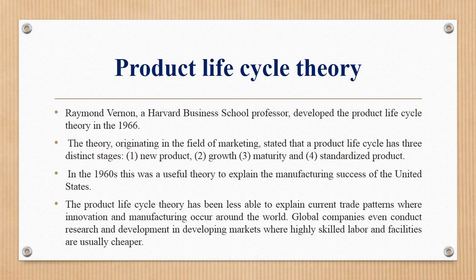In today's scenario, computers are in a standardized stage and are mostly manufactured in low-cost countries in Asia. However, this theory has not been able to explain the current trading pattern where products are being invented and manufactured in almost all parts of the world.